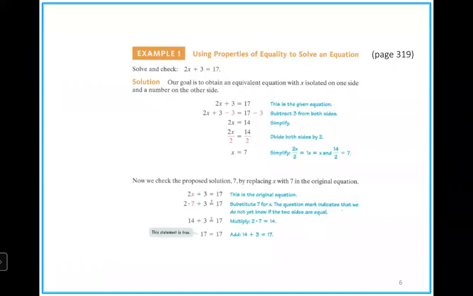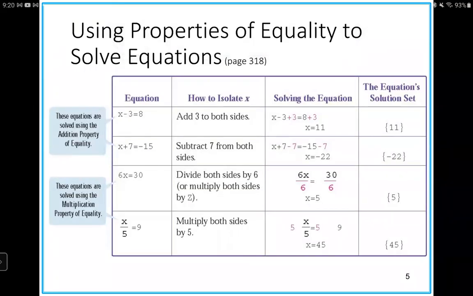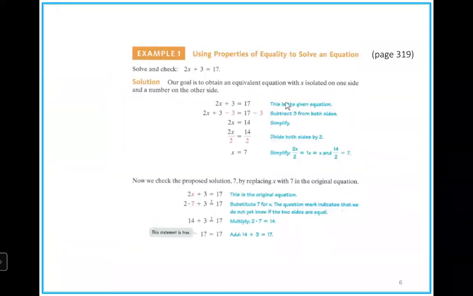And so we move on to page 319. In this case, we were looking at equations with just one operation. All we had here was subtract, add, multiply, divide. Of course, equations may have more than one operation, like this one. It says 2x plus 3 equals 17. We want to find the value of x.